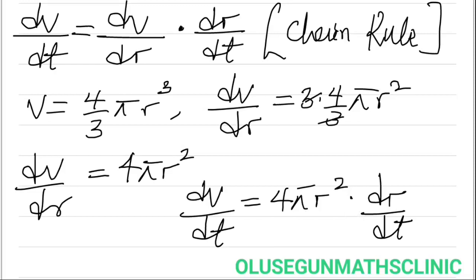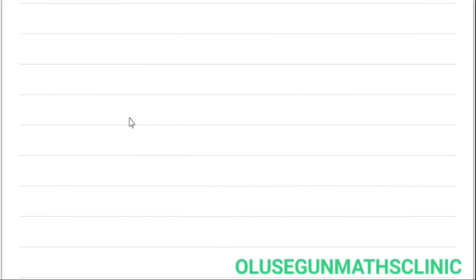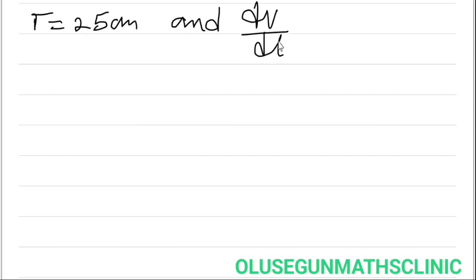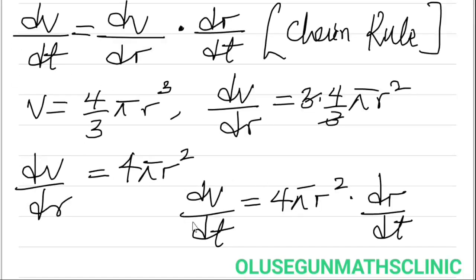So now, if our r is 25 centimeter and our dV/dt is 100 centimeter cube per second, in this equation, from what you have been given, let's make dR/dt the subject of the formula. How do you do it?